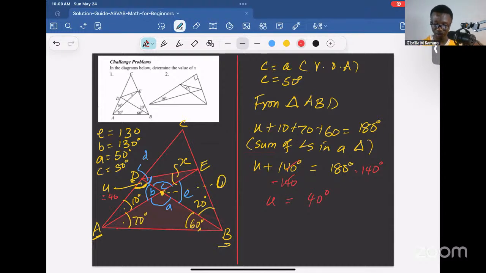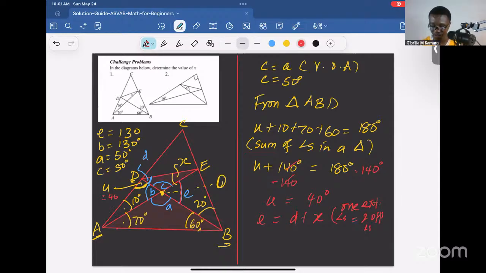So we know that E is equal to D plus X. One exterior angle, this E here, is equal to this X and this D. One exterior angle is equal to the sum of the two opposite interior angles.